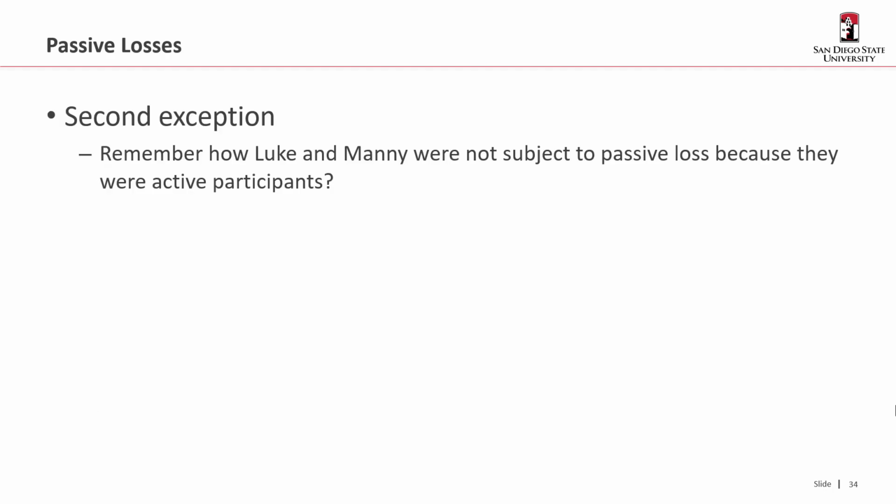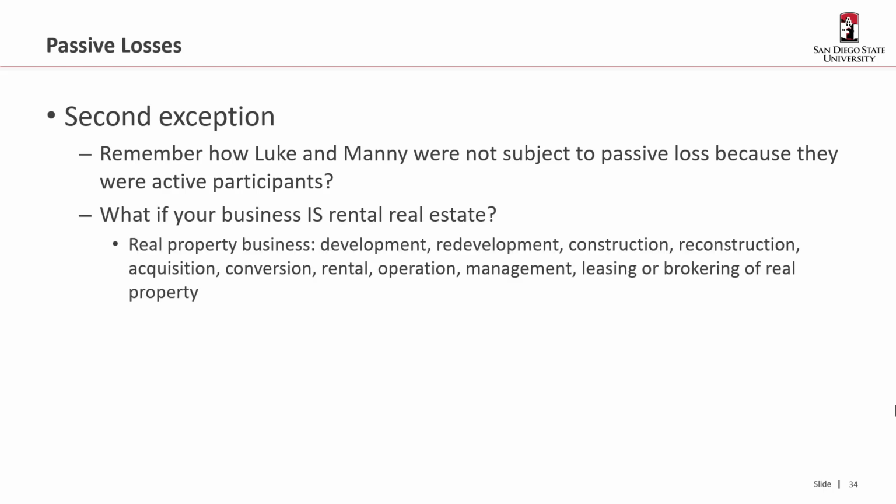The second exception. Okay, so remember how Luke and Manny were not subject to passive loss because they were active participants. In fact, they were material participants in their activity. What if your business is rental real estate? So real property business such as development, redevelopment, construction, reconstruction, acquisition, conversion, rental operation, management, leasing, or brokering of real property.